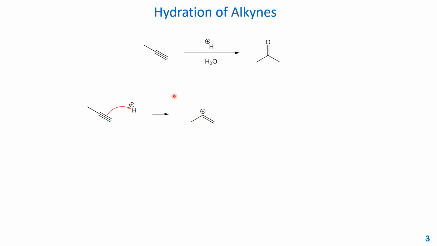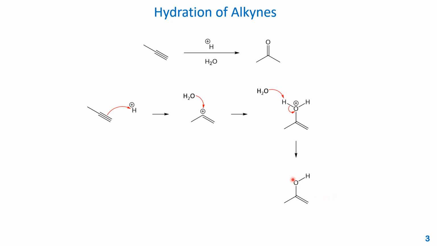It will be attacked by water, which is the nucleophile here, and form the intermediate, which is a protonated enol, and water will deprotonate the proton and form the neutral intermediate, the enol. It's called enol, and enol will undergo tautomerization in two steps.